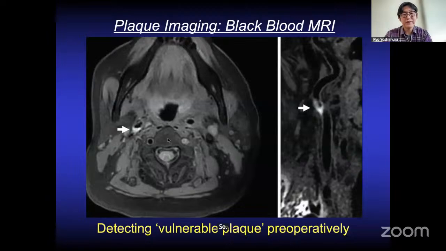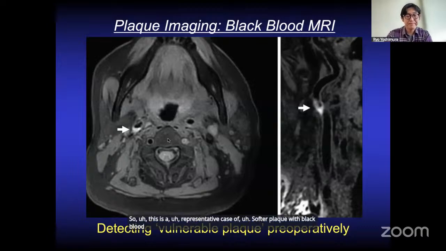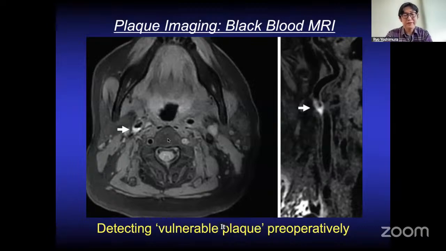So this is a representative case of a soft plaque with black blood imaging of MRI. It enables detecting a vulnerable plaque preoperatively. It's a little bit dangerous for open cell stents.